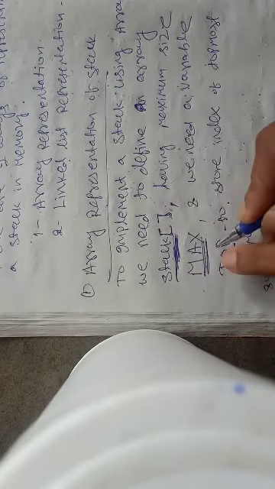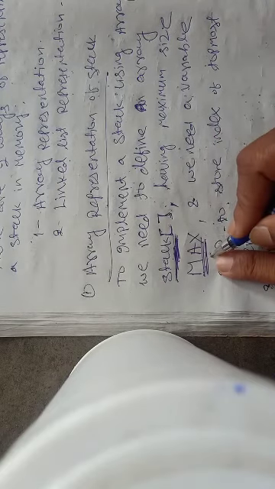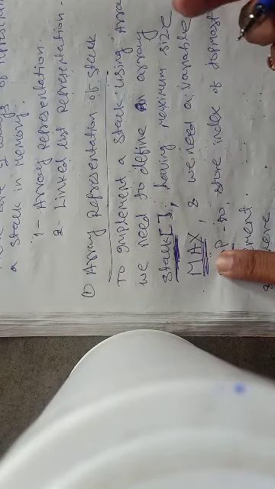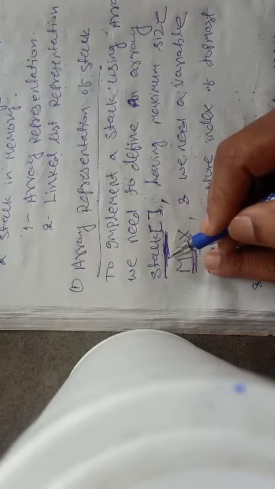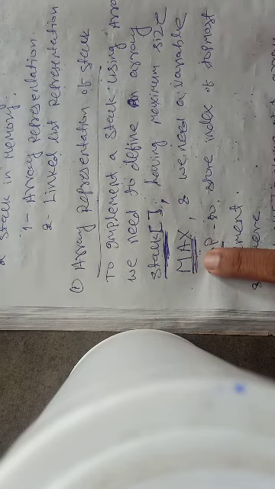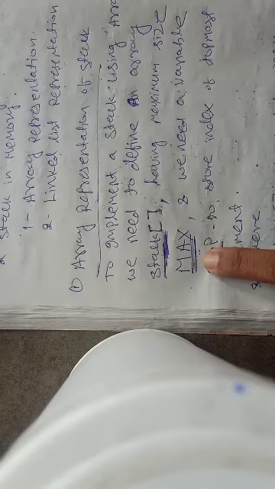So let us assume that max is a constant which defines the maximum size of this array, known as stack. So max determines the size of the stack, that is, the maximum number of elements that can be stored in the stack.